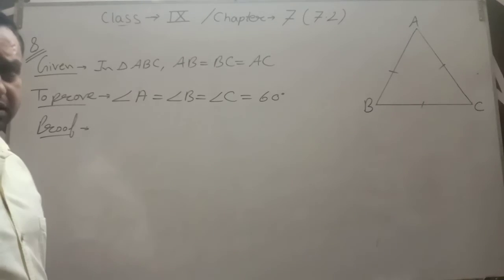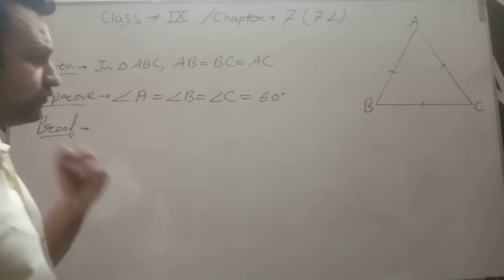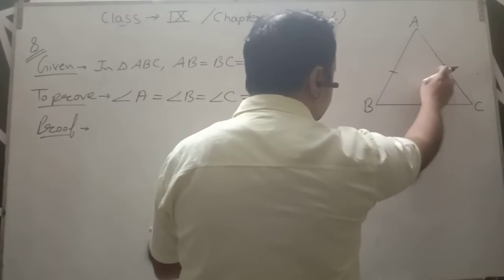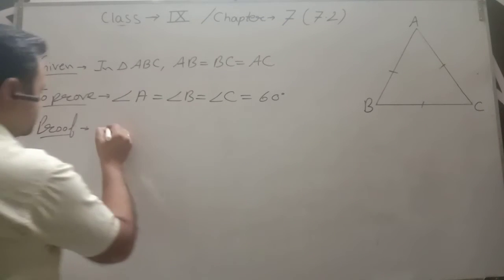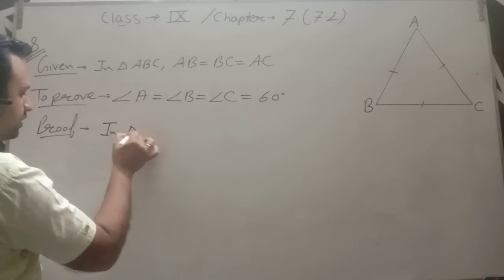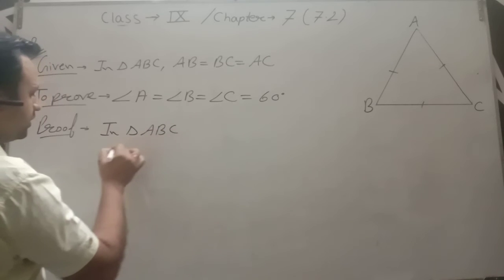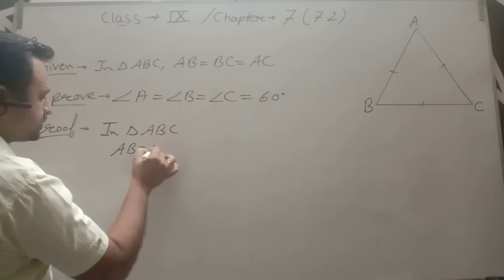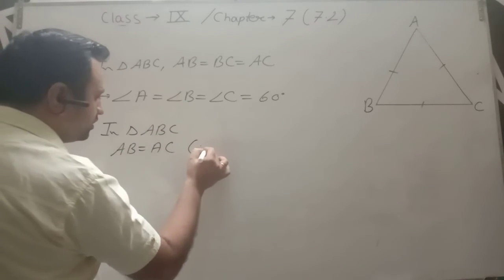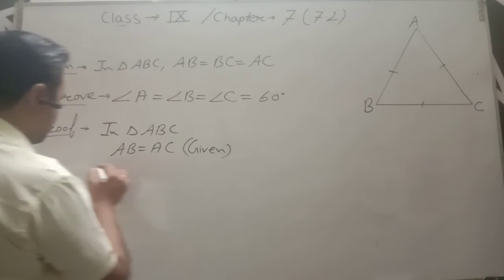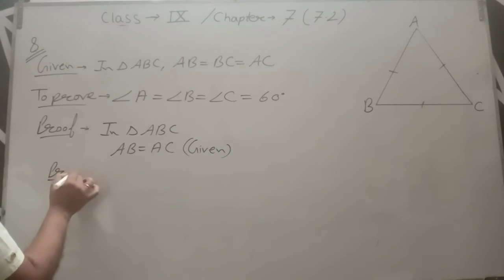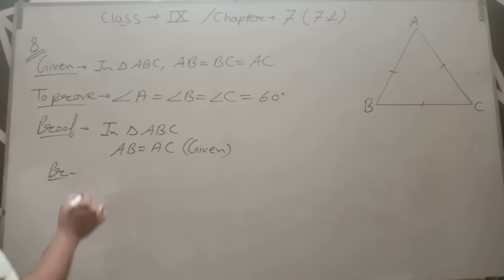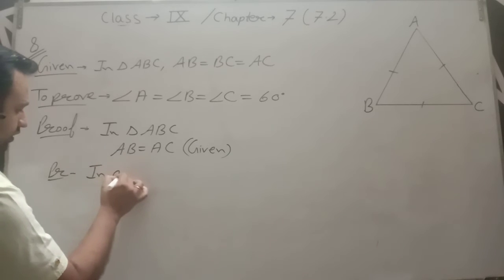हमें इसका हर एक एंगल 60 डिग्री का कॉल करना है. Firstly, we have to consider these two sides are equal. So in triangle ABC, AB and AC are equal. It is given. Property we have discussed in the previous question: in a triangle, angles opposite to equal sides are equal.